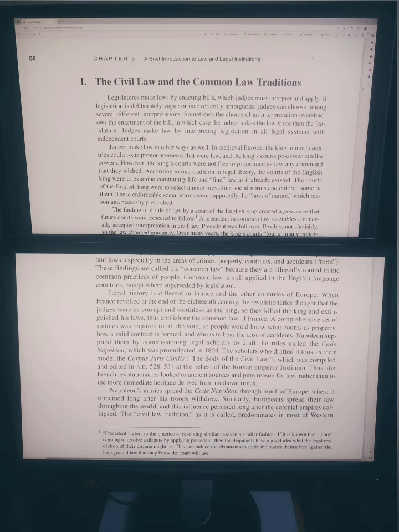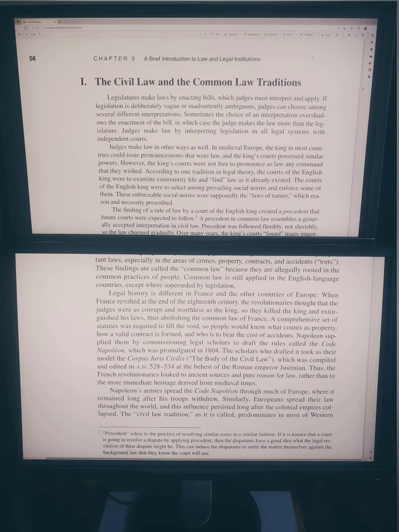Legal history is different in France and the other countries of Europe. When France revolted at the end of the 18th century, the revolutionaries thought that the judges were as corrupt and worthless as the king, so they killed the king and extinguished his laws, thus abolishing the common law of France.